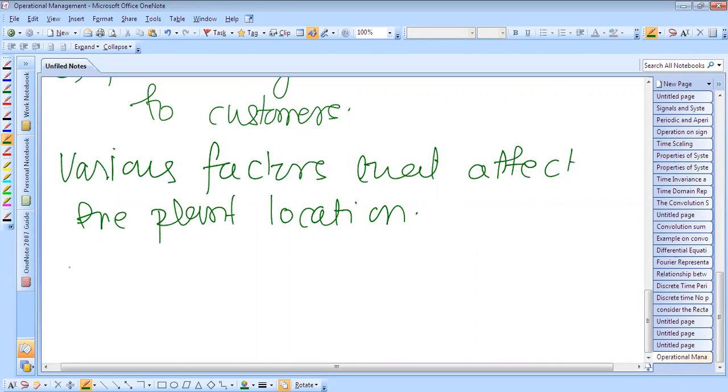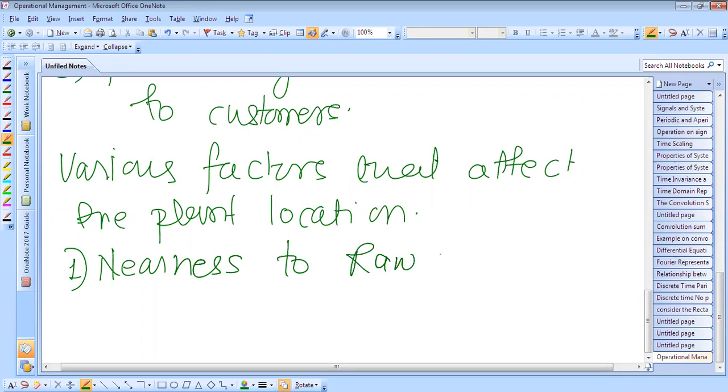First is nearness to the raw material. Suppose we have installed a plant which is very far away from the raw material, then it will increase your transportation cost.